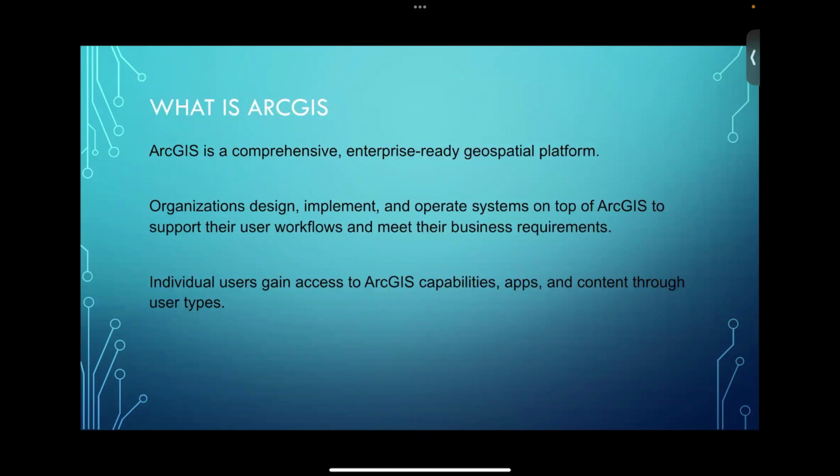So first of all, what is ArcGIS? It's a comprehensive enterprise-ready geospatial platform. Organizations design, implement, and operate systems on top of ArcGIS to support their workflows and meet their business requirements. And of course, individual users gain access to the capabilities, apps, and content through user types.